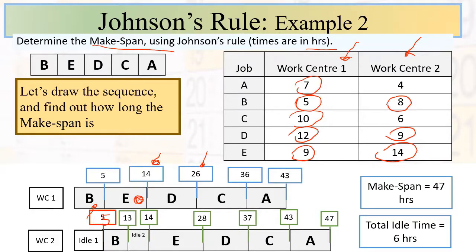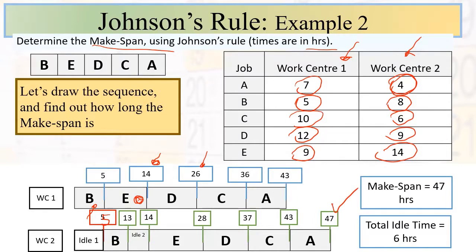Then we have C, which will take 6. 37 plus 6 is going to be 43. And then finally, A. 43 plus 4, which is A's time for work center 2, gives us 47.